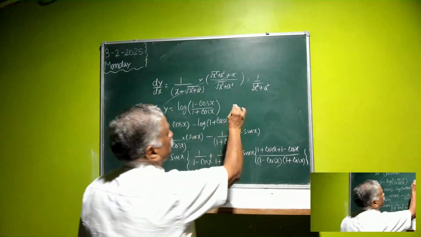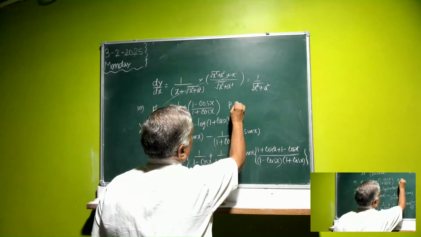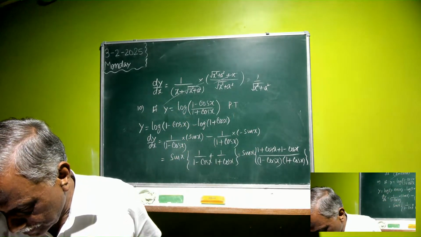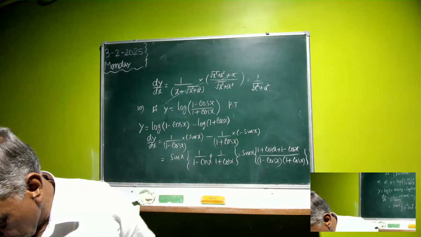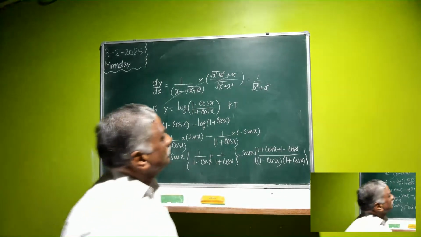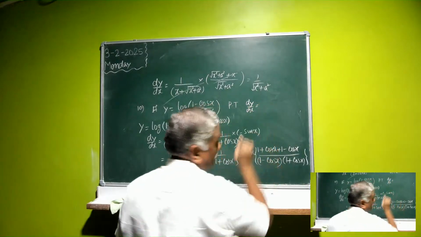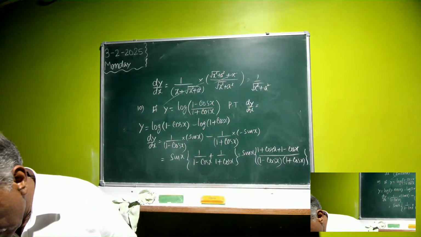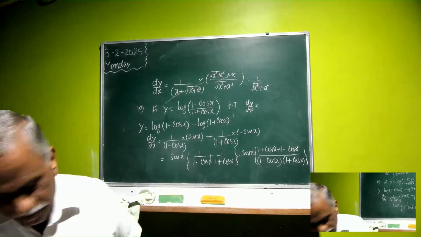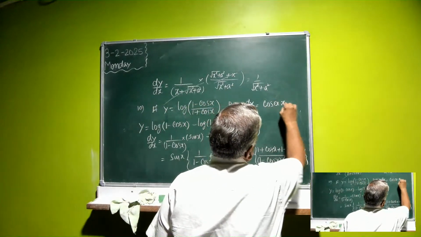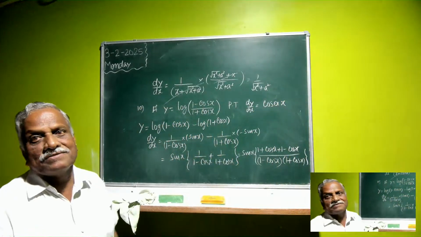I think I have not written what we have to prove. Let me write it. Prove that dy by dx is equal to 2 cosecant x. Very simple answer.